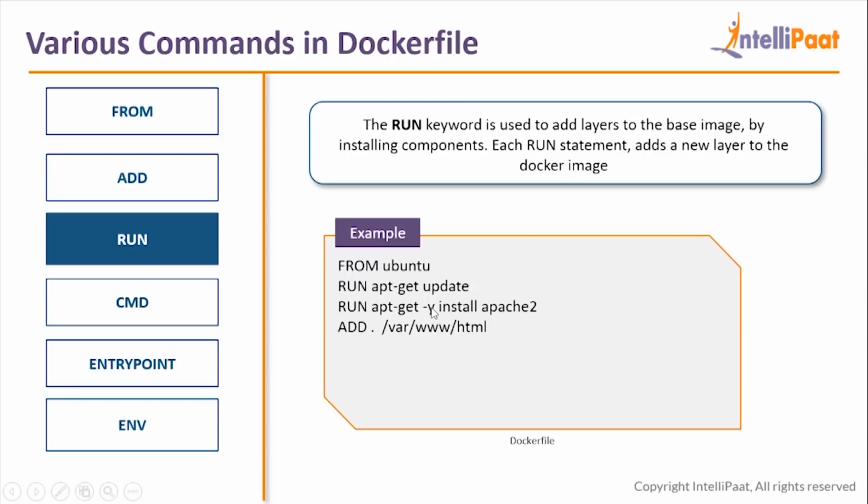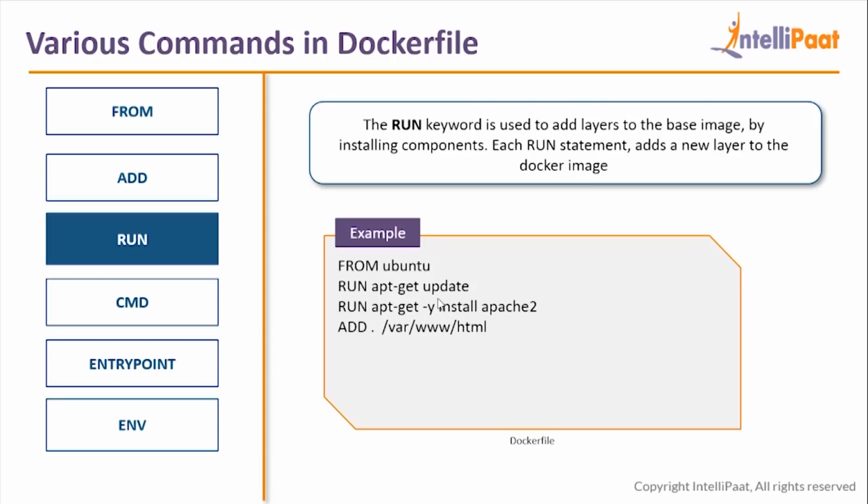The -y signifies the option we get, whether you want to go ahead with the installation, yes or no. If you specify -y in the Dockerfile, it would not ask that and would continue the installation without any prompts.